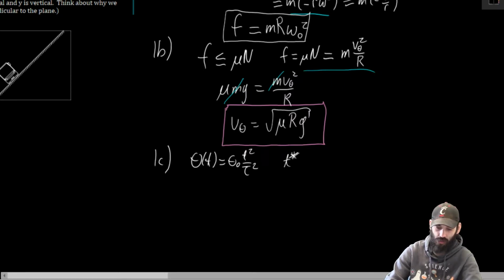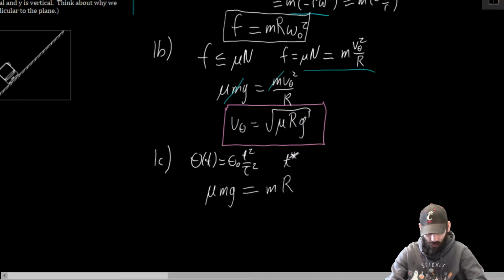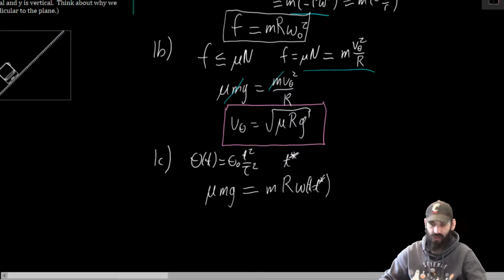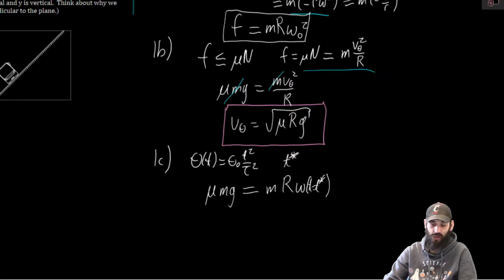And what we're going to say ultimately is that mu times mg is going to be equal to m times R times omega of t star. So when we evaluate this angular velocity at this special time, that is when it's going to have this maximum force of friction, okay?